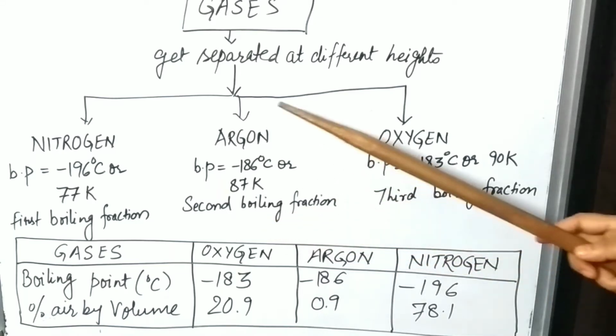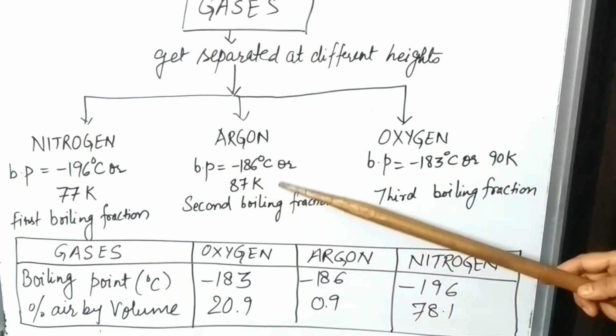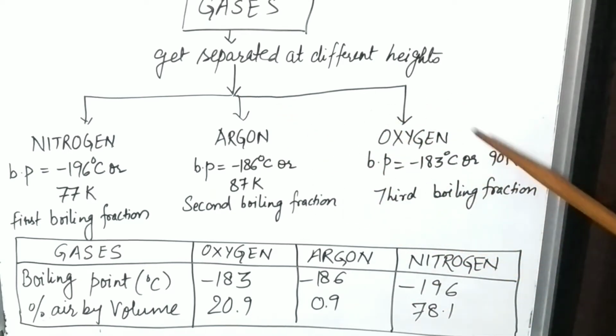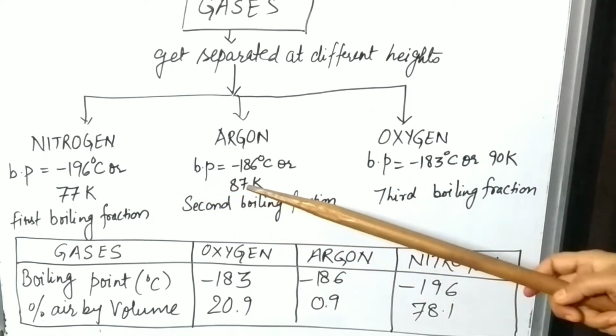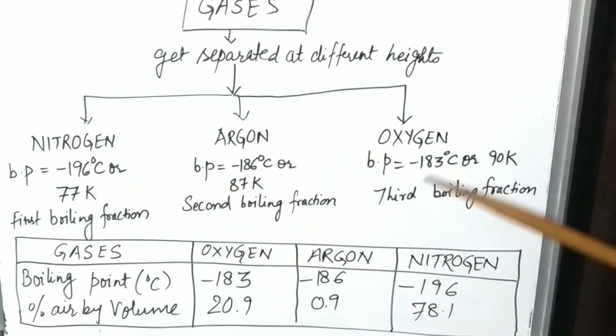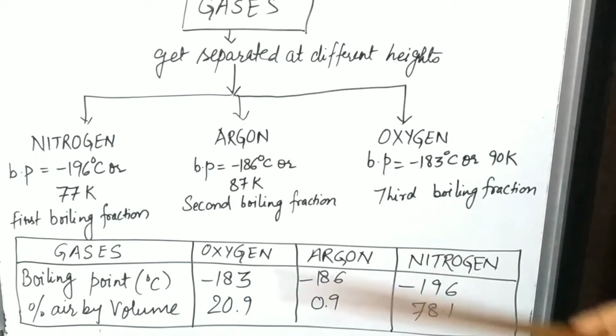The second boiling fraction is argon, and its boiling point is 87 Kelvin. The third boiling fraction is oxygen. Its boiling point is 90 Kelvin. You can see the temperature, the boiling point, gradually increases. That's why they are separated at different temperatures.